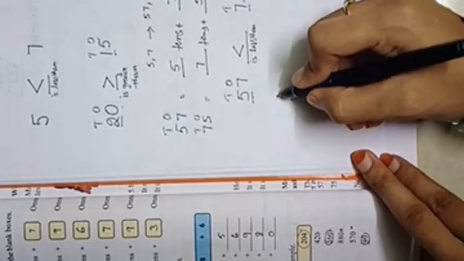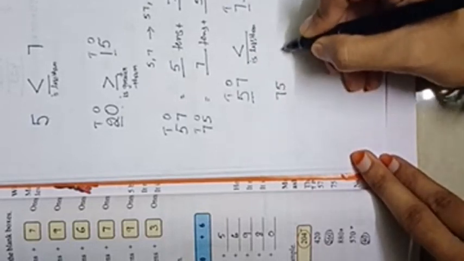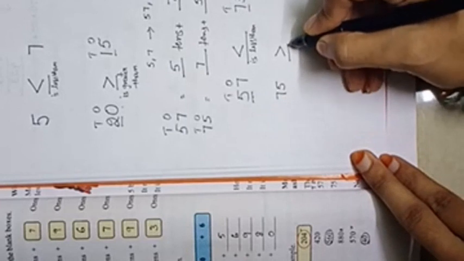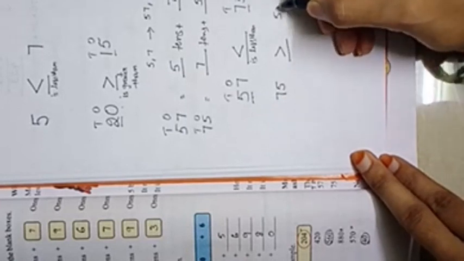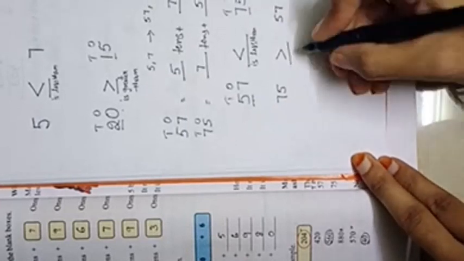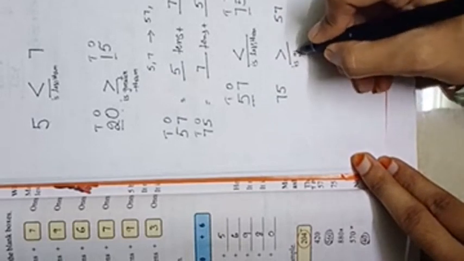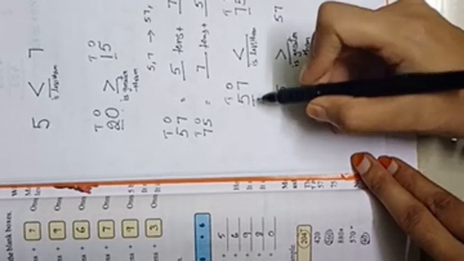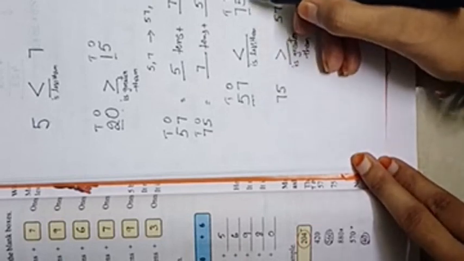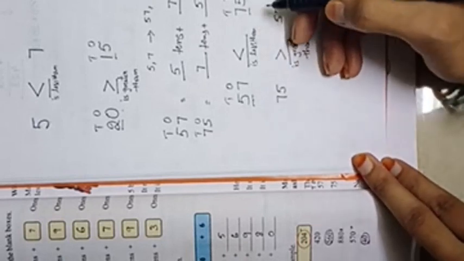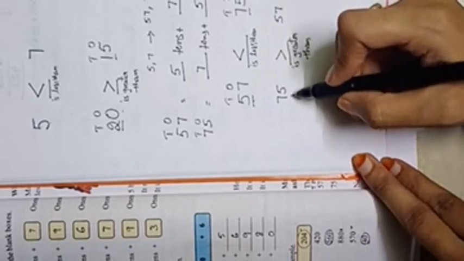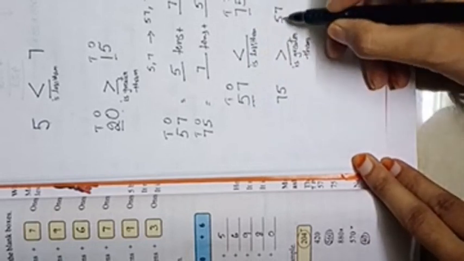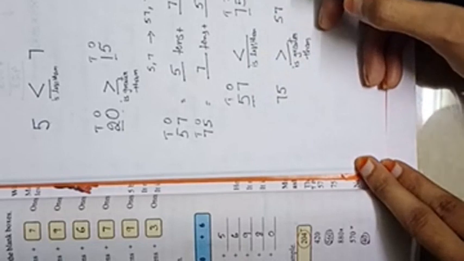Or you can write it like this also: 75 is greater than 57 is also a right answer. 57 is less than 75 is also correct, and 75 is greater than 57 is also correct.